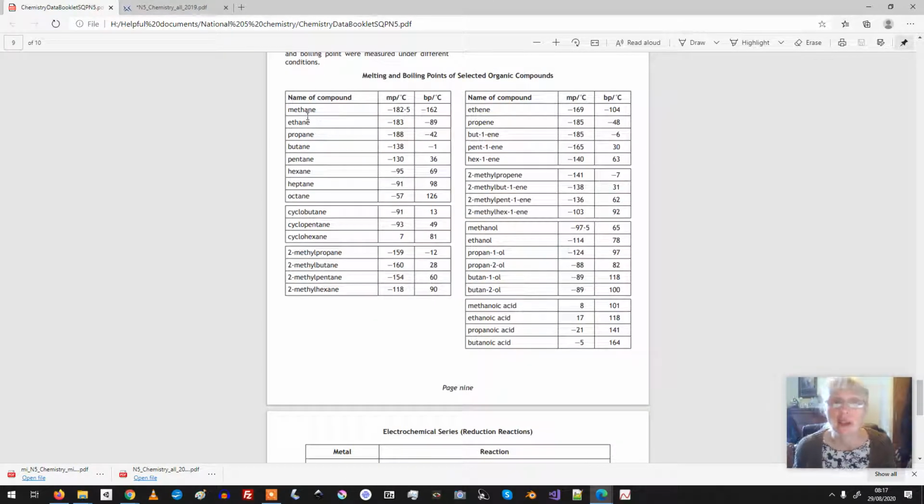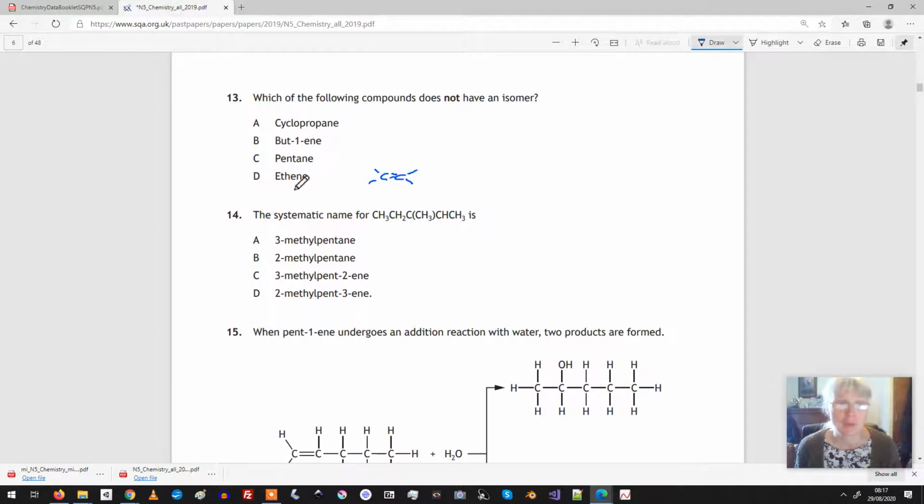So this tells you how many carbons are in each one. So methane has got 1 carbon, ethane has got 2 carbons, propane has got 3 carbons, and so on. Whereas this is ethene, and it's got that ene ending, it's got a double bond. So ethene will be this little tiny molecule with a double bond.